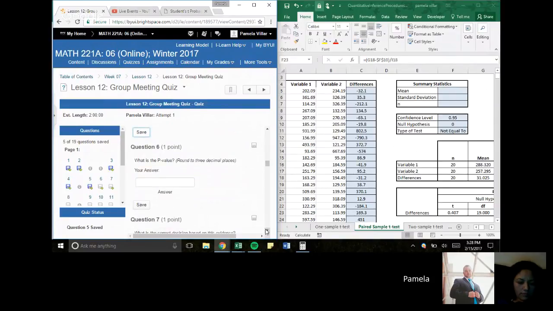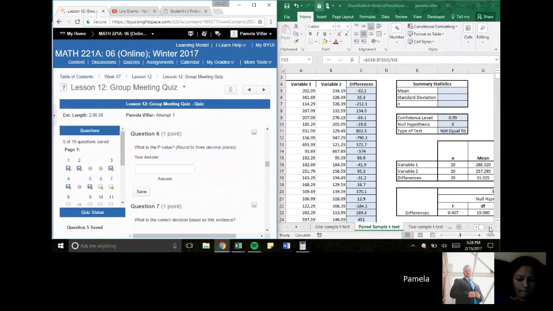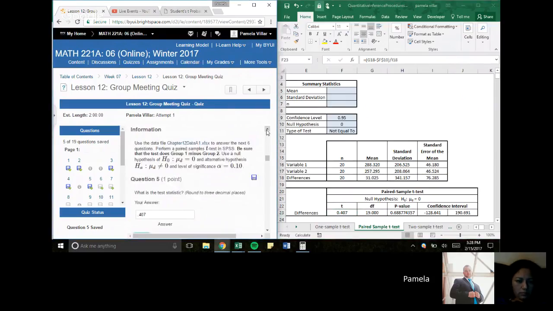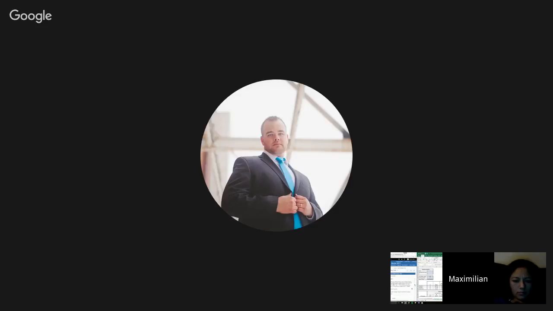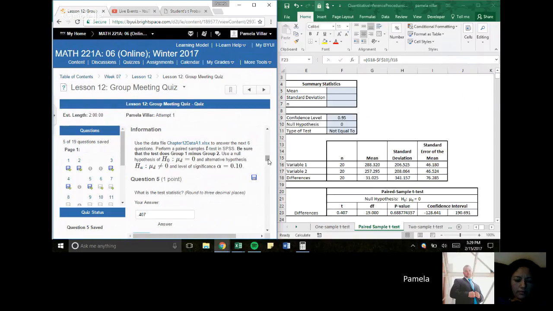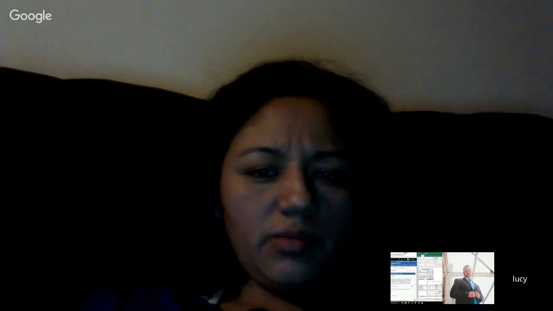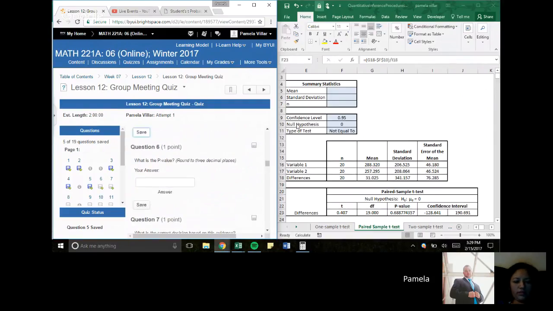Okay, so are we on number 6 now? Yeah. Have a confidence level, like assume it's a confidence level of 0.95. Yeah, I was going to ask that. What do we assume on that? That doesn't change anything until they ask for the confidence interval. Oh, so regardless. Normally they give you if it is 95 or 90%.